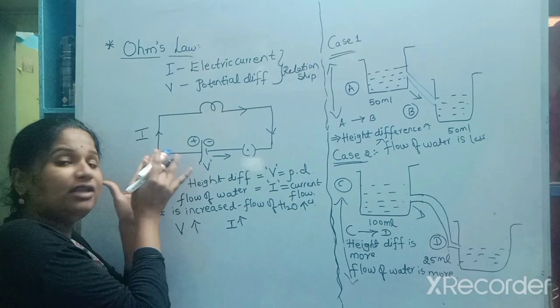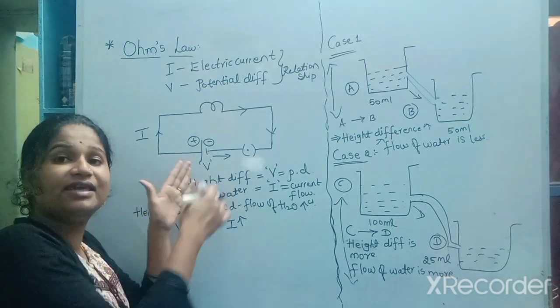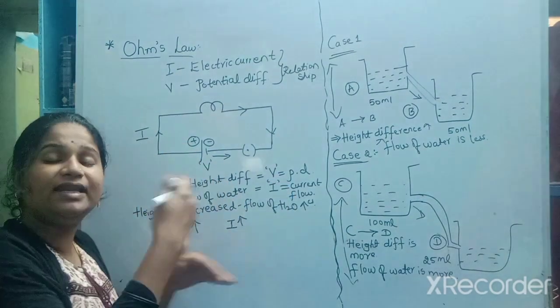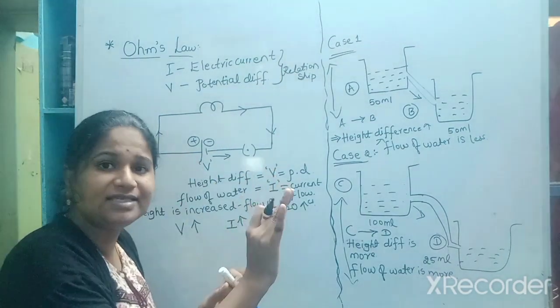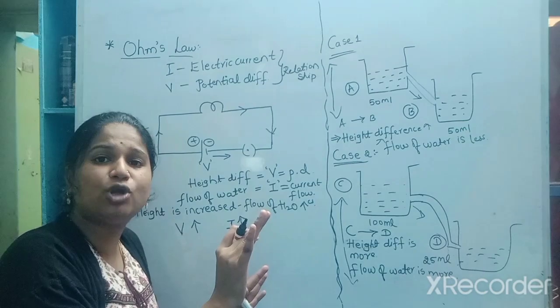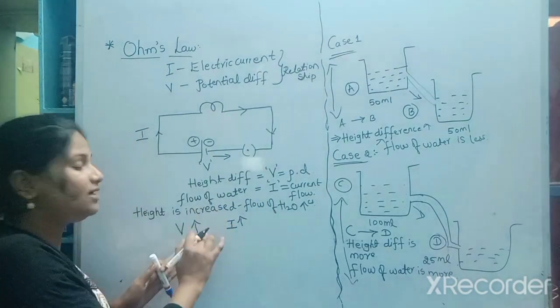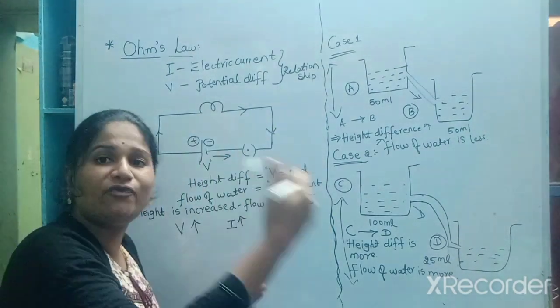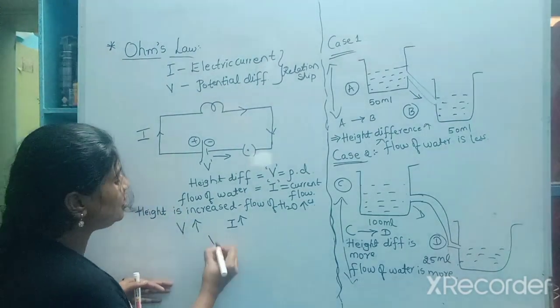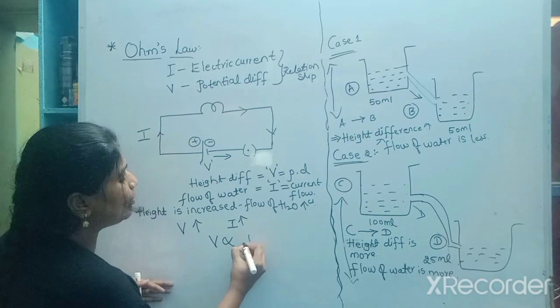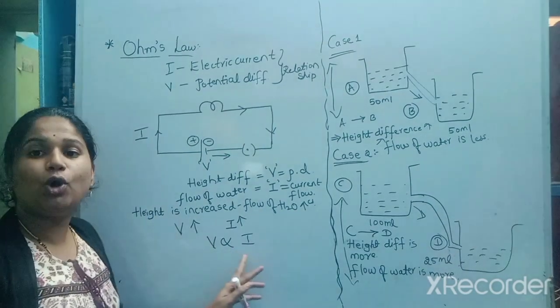So when that energy or force increases, the push for the electrons also increases. When this push for the electrons increases, it directly increases the flow of current. So here we can say the potential difference is directly proportional to the flow of current.